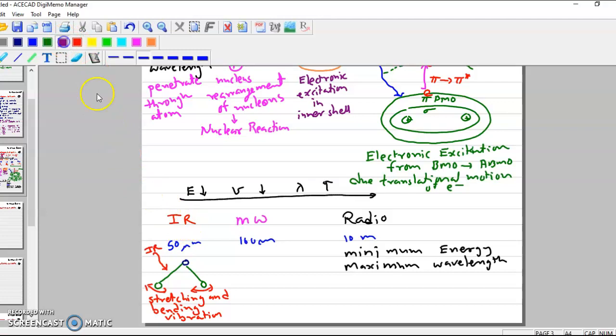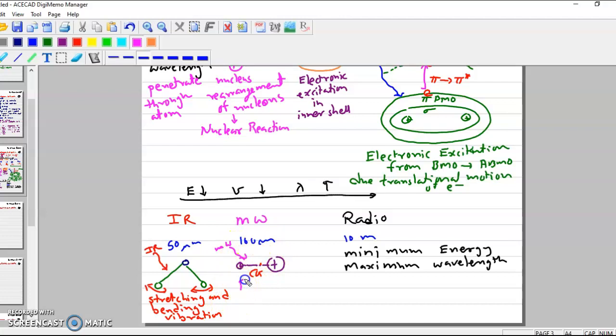Now we will see the effect of microwaves. When a molecule has two atoms of different weight, the center of gravity will be towards the heavier element. This is the center of gravity. When the molecule absorbs microwaves, the molecule starts rotating around this center of gravity.